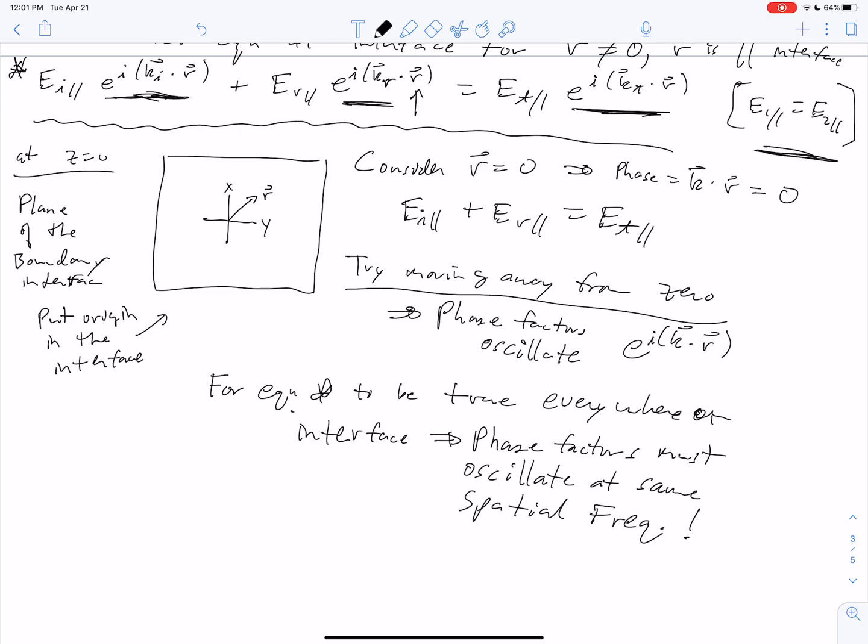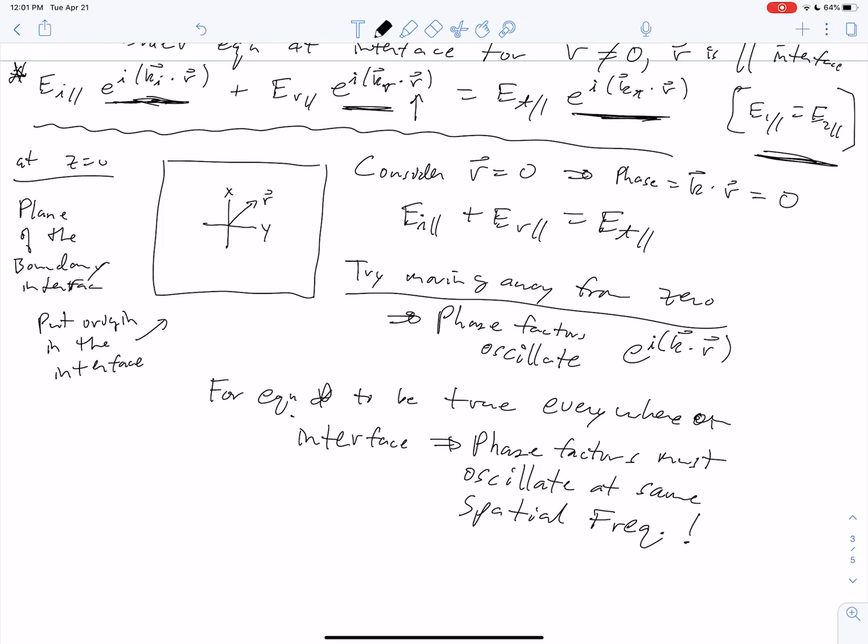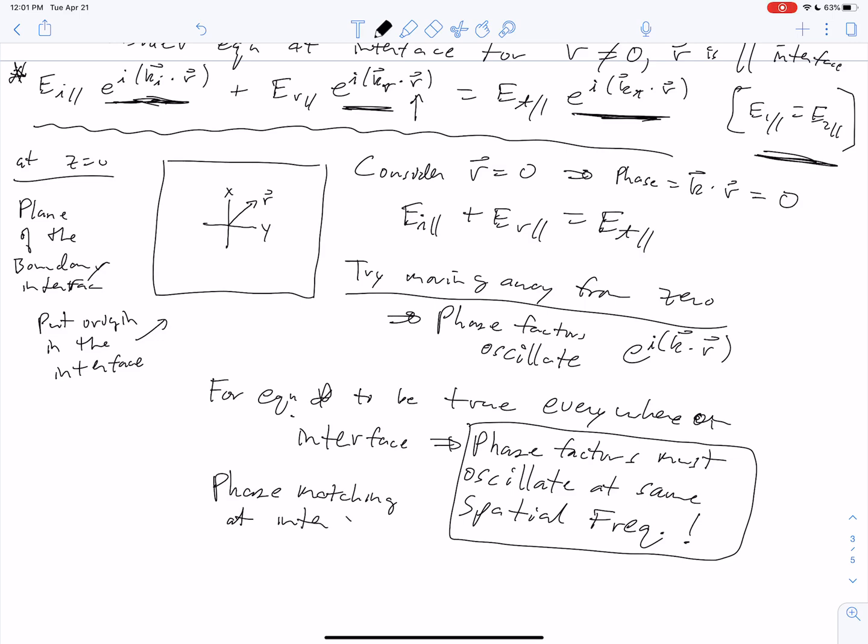And that's a profound statement. If that is obvious to you, then that's great. If it's not obvious to you, then think about it, because this is a really profound and powerful statement, because it's phase matching. The phases must match. Maxwell's equations tell us that we must have phase matching at the interface.